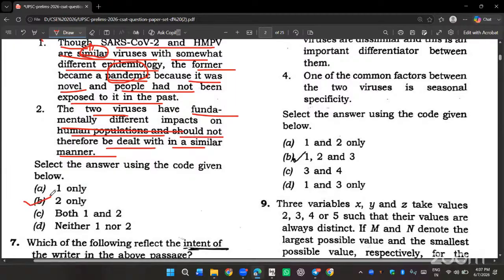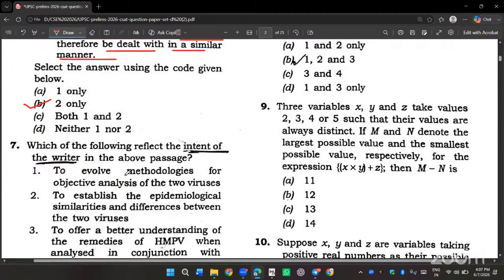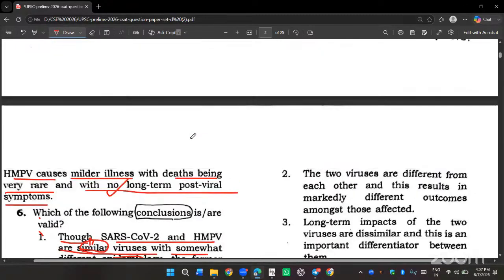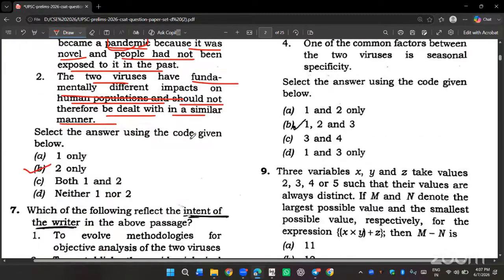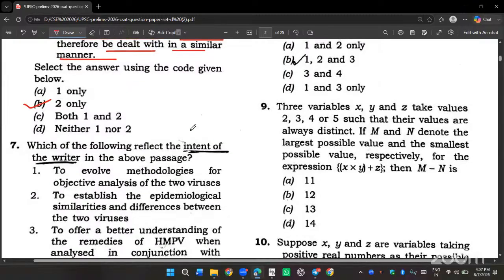Now students can ask any question related to reading comprehension. Sir, how to attend the reading comprehension question? Still, I am not able to understand. If you tell me, then I can give you the explanation again. It doesn't matter how many questions we complete today. I will take 10 questions today, 10 tomorrow.